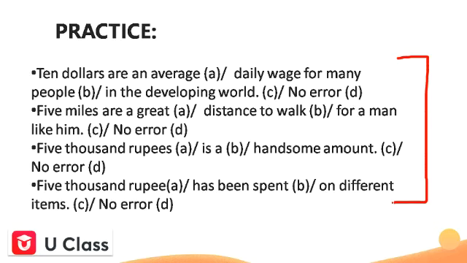Next, 5,000 rupees is a handsome amount. Yeah, is a great distance is absolutely correct. What about the next sentence? 5,000 rupees is a handsome amount. Yes, that is absolutely correct.